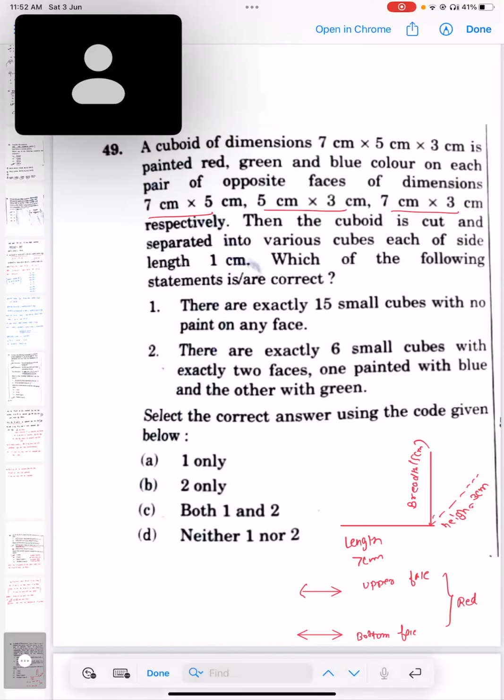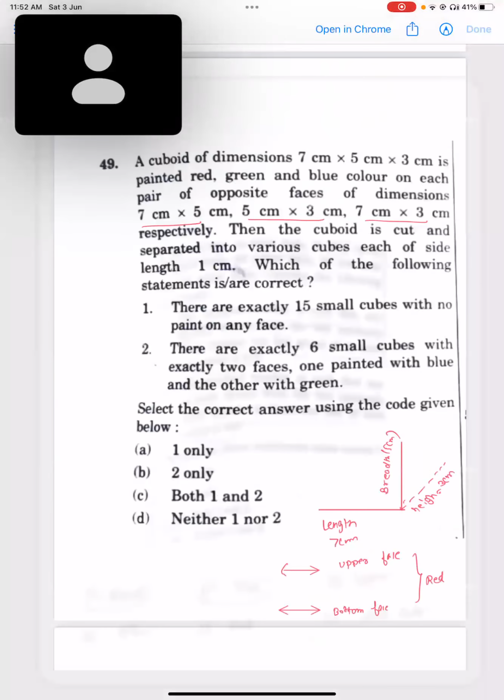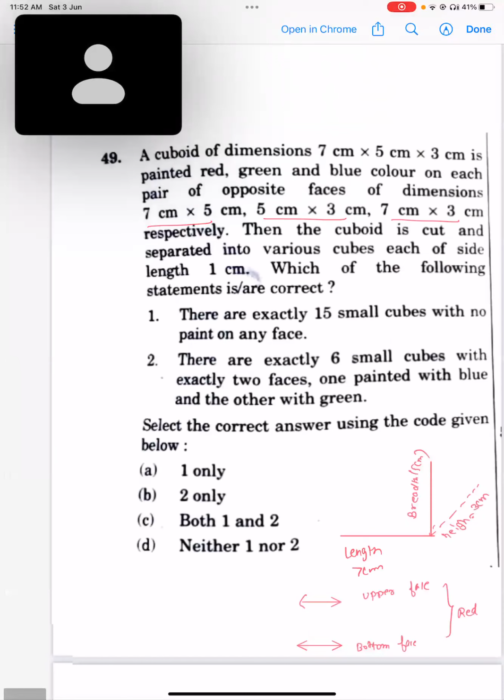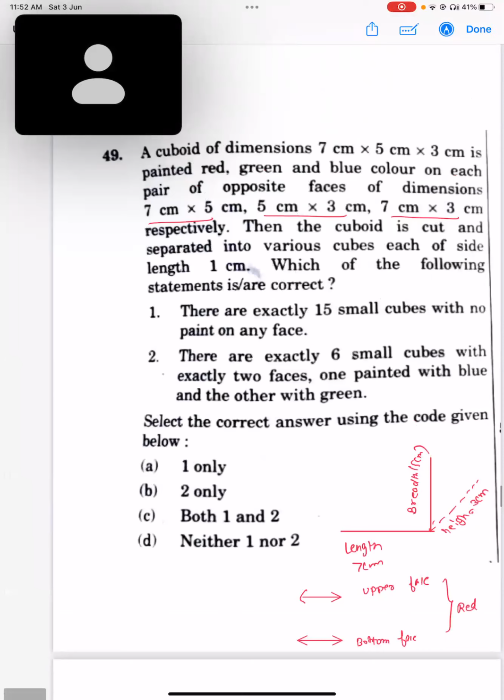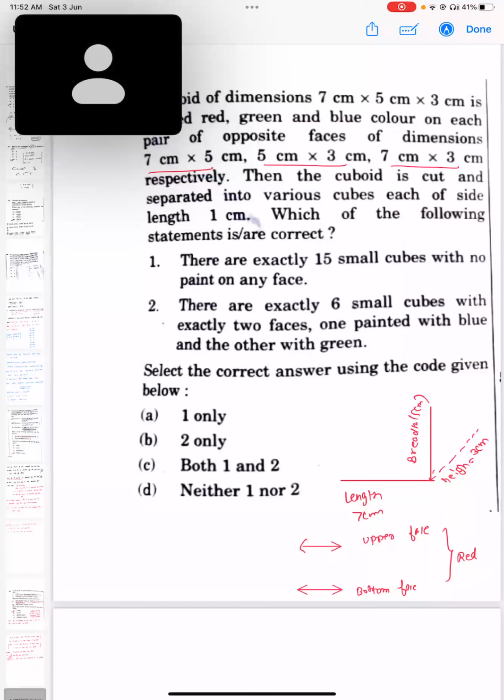Then 5 centimeter cross 3 centimeter: 5 is the breadth and 3 is the height.